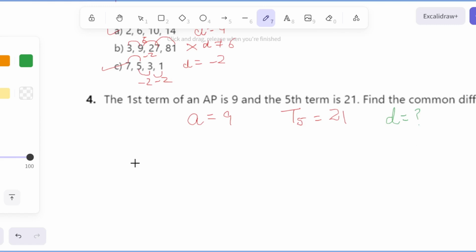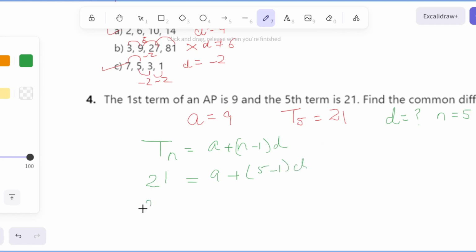So first of all we write the AP general term formula, that is Tn equals A plus n minus 1 times D, and we put in the values. Tn is already given here, it's 21. So 21 equals A, which is 9, plus, it's the fifth term, so n is 5, 5 minus 1 into D, which we don't know.